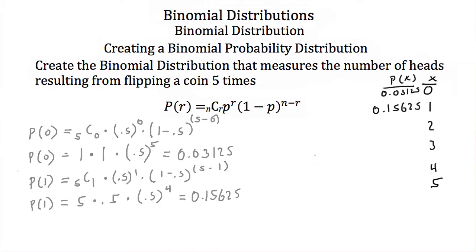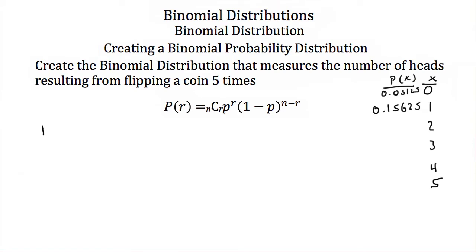Now let's try to find the probability of getting 2 heads if we flip the coin 5 times. That's equal to 5 choose 2 times 0.5 to the 2nd power times 1 minus 0.5 to the 5 minus 2 power. Now 5 choose 2. Well, there are 10 different ways to choose 2 out of 5 possibilities. So 10 times.